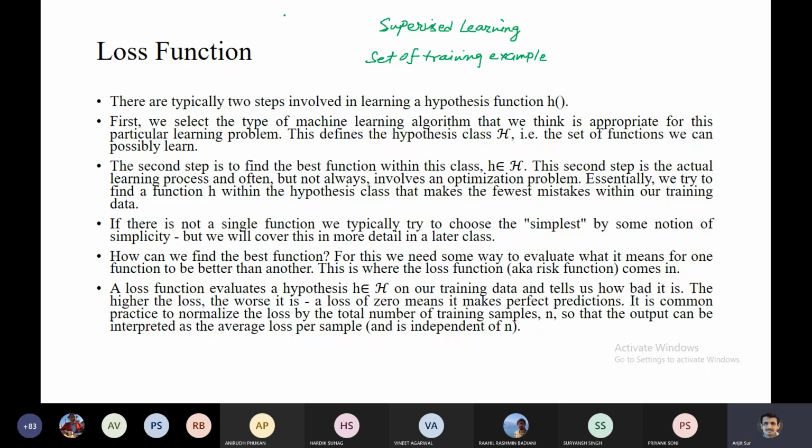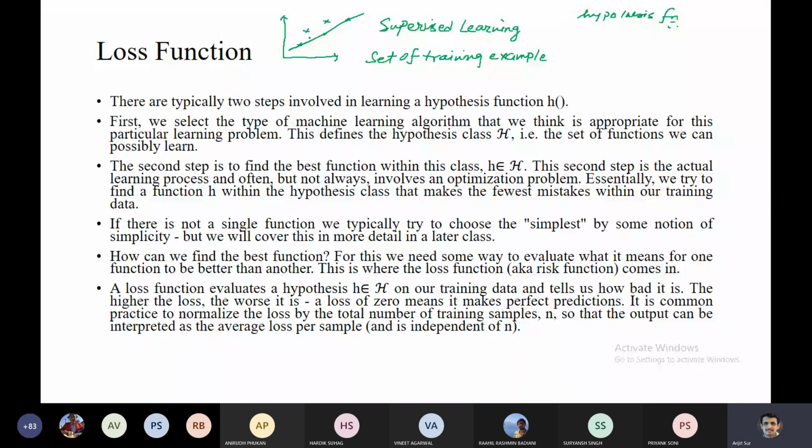So what does this mean geometrically? Let's say the example is two-dimensional, so these are some kind of values. Now what is required is that we have to find a function, which we call the hypothesis function. We are going to devise a hypothesis function.